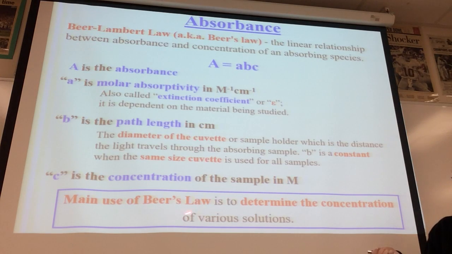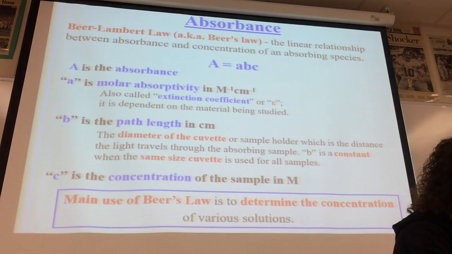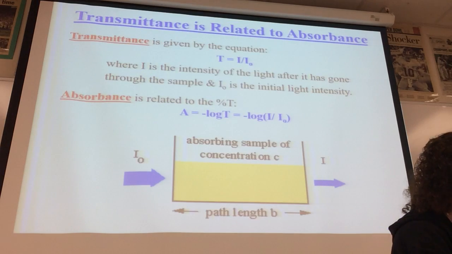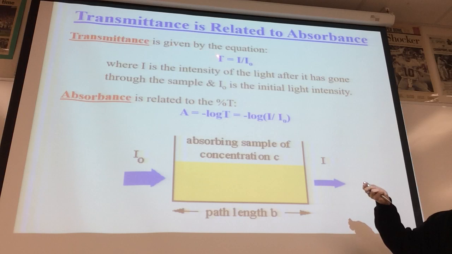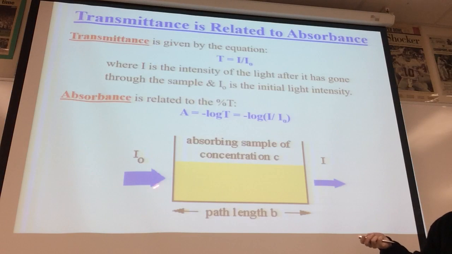And we're going to use Beer's law to calculate the concentration of different solutions, and that'll be based on their absorbance. So for example, with transmittance, transmittance is I, that's the intensity of light. Let me pull it down here. You start with some initial intensity of light, so you shine light on a sample, and then you measure the amount of light that goes through.